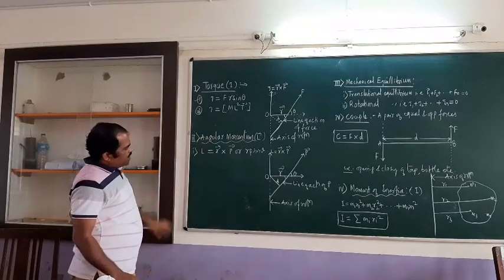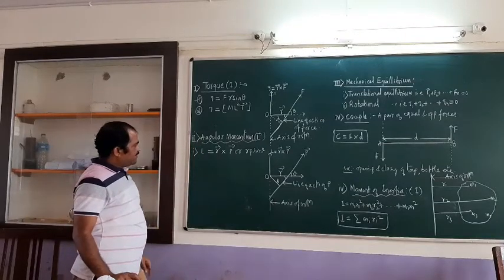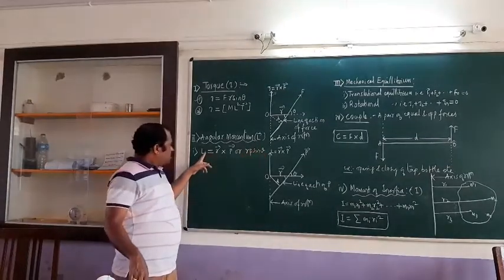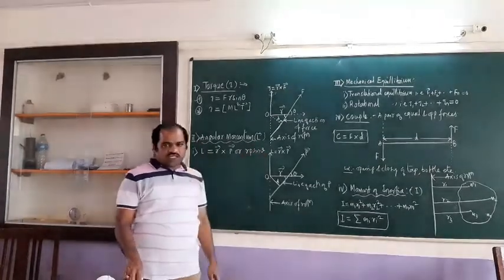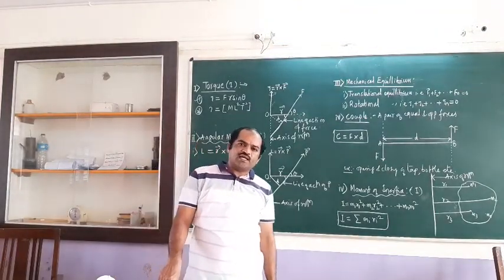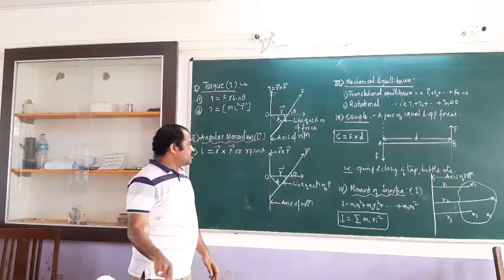Then another concept, that is angular momentum. Angular momentum is represented by capital L. What is angular momentum? Angular momentum is defined as the moment of linear momentum. The moment of linear momentum is called angular momentum.